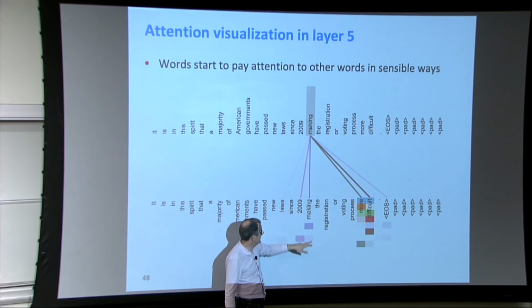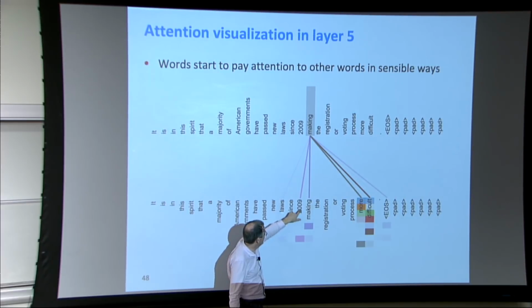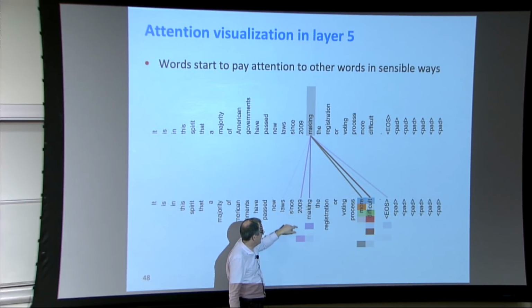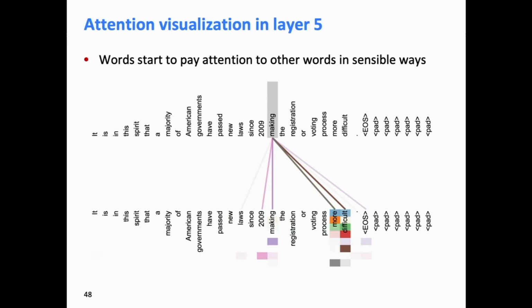One of the attention heads seems to be looking at the word itself, which might be okay. The other ones are looking a bit at laws and at 2009. So it's picking out the arguments and modifiers of making in a syntax-like way.